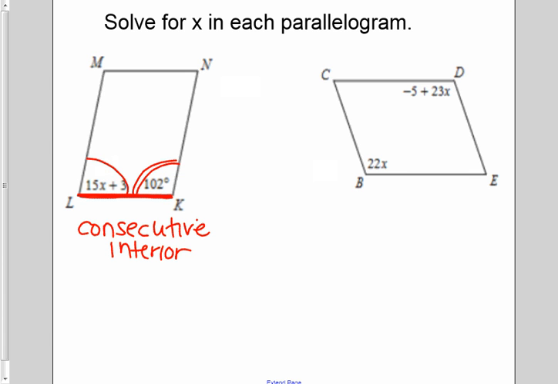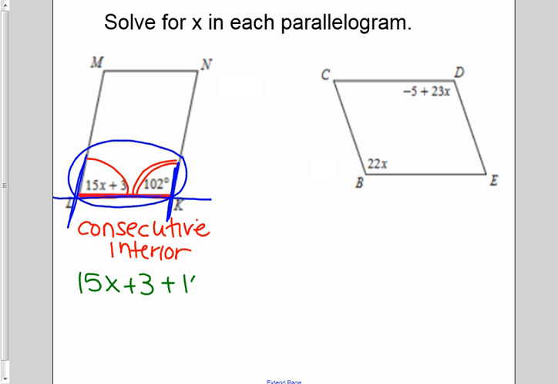Because if you look, these lines here, if they were to continue on forever, they would be parallel lines cut by this transversal right here. So you could see that these two here are consecutive interior angles. So together, I can set this equation up by adding them and setting them equal to 180.